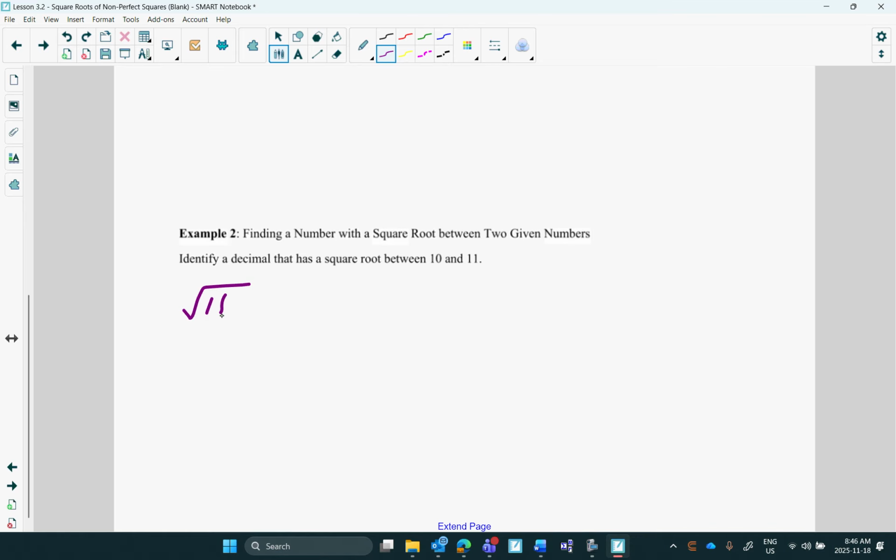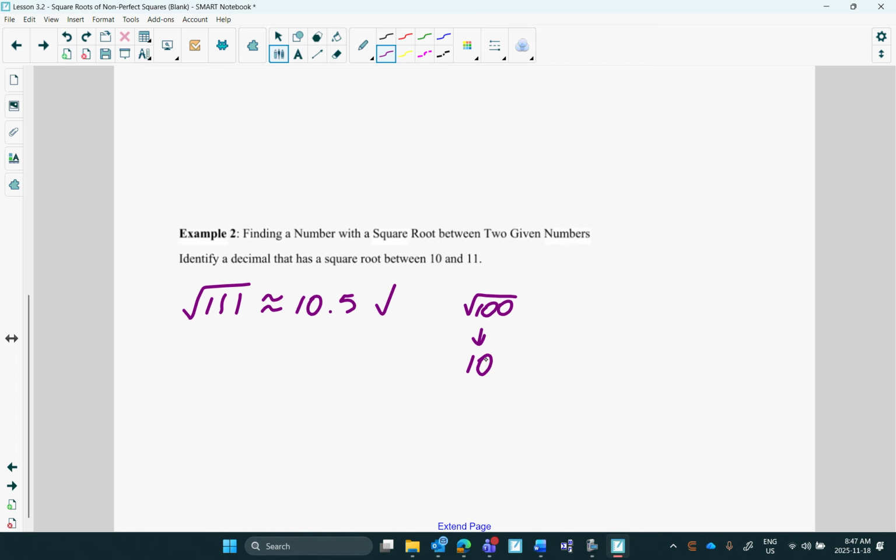111, what's the square root of that? One decimal place. 10.5. That works. How did you know to go to 111? The square root of 100 is 10. Exactly. If you think about it, the square root of 100 is 10.